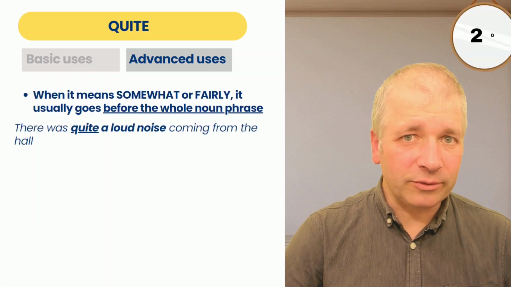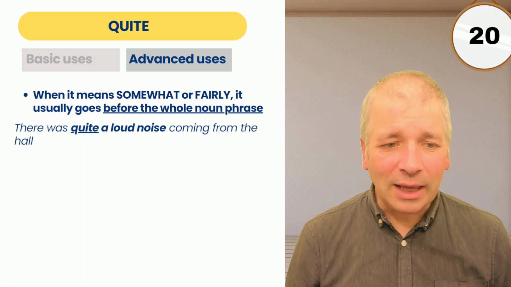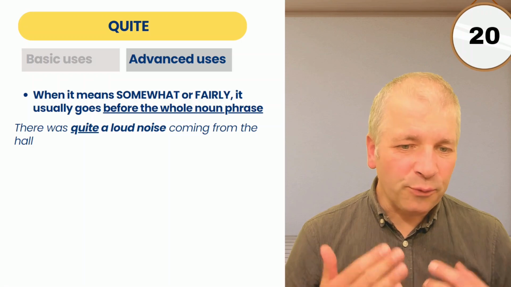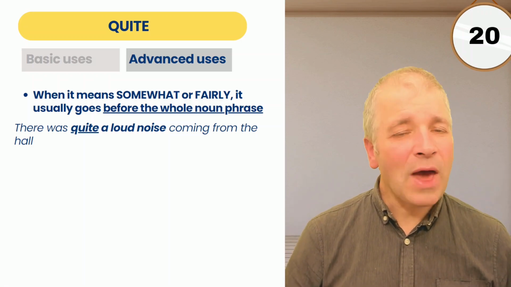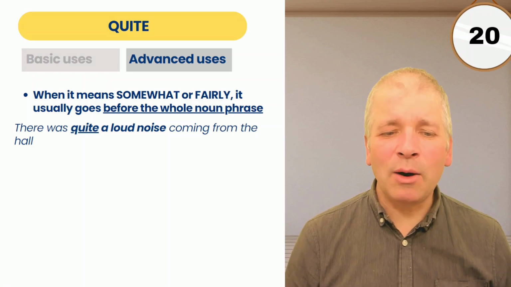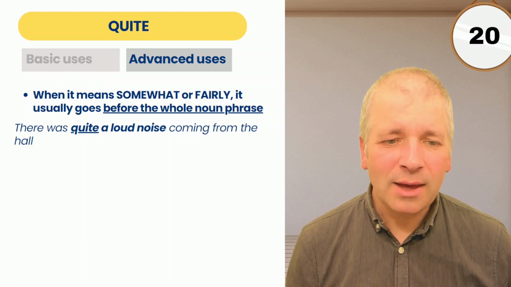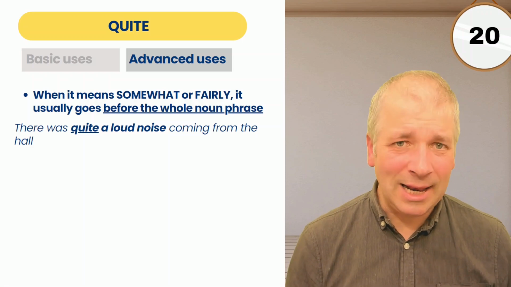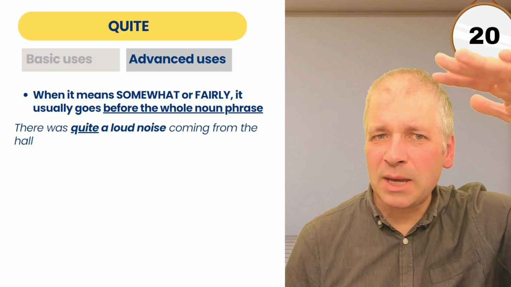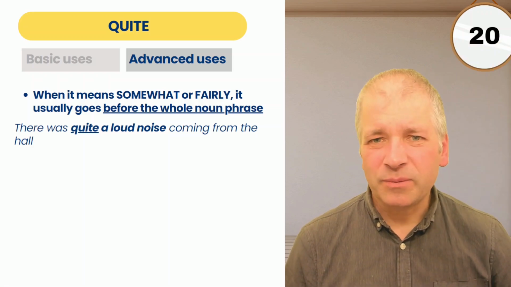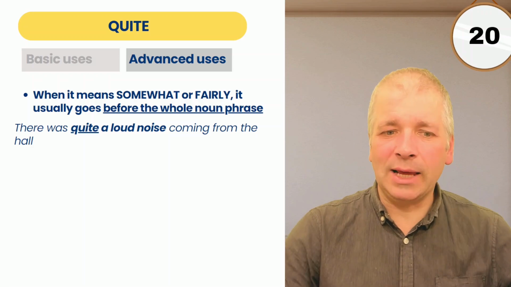Firstly, quite. When quite means somewhat or fairly, it usually goes before the whole noun phrase. There was quite a loud noise coming from the hall. So here it means a fairly loud noise. Not the highest amount of noise, not the loudest it could be, not the quietest, but nearer loud than quiet because it's somewhat, fairly.